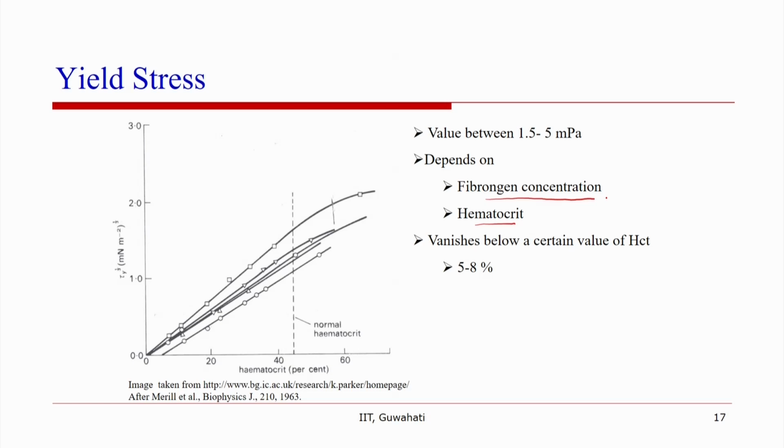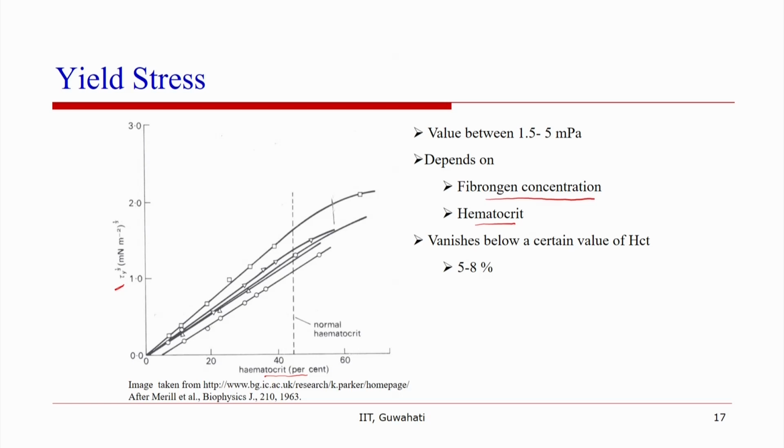On this graph, the yield stress to the power 1/3 is plotted with respect to the volume fraction of red blood cells, and it is seen that the value of yield stress increases with increase in the hematocrit value or the volume fraction of RBCs.